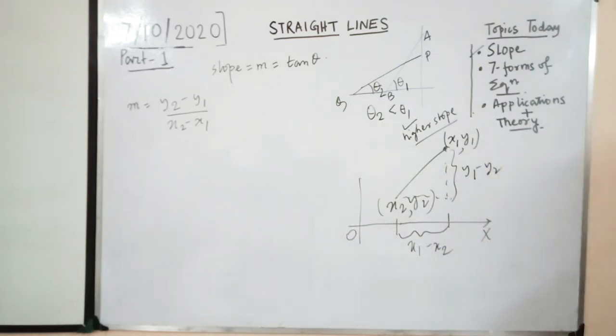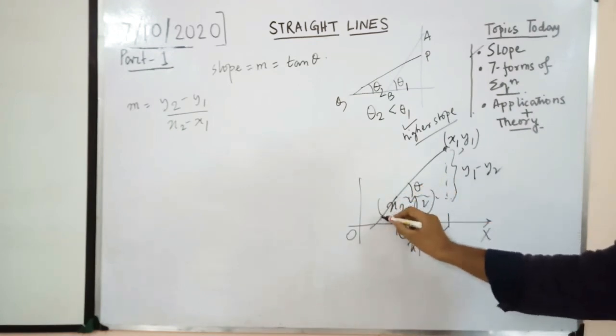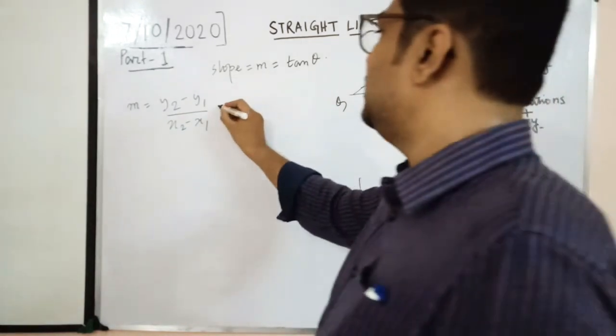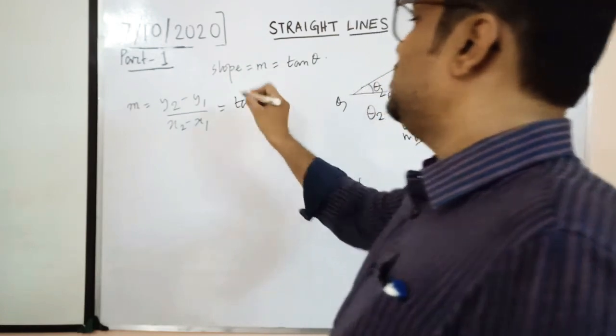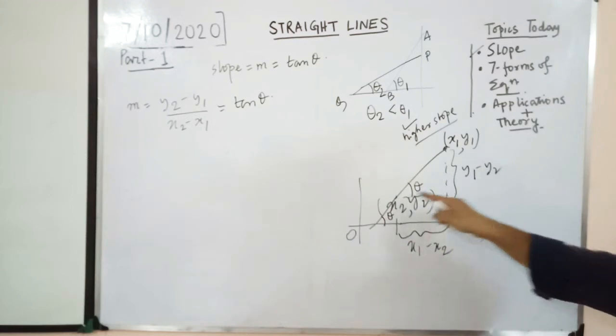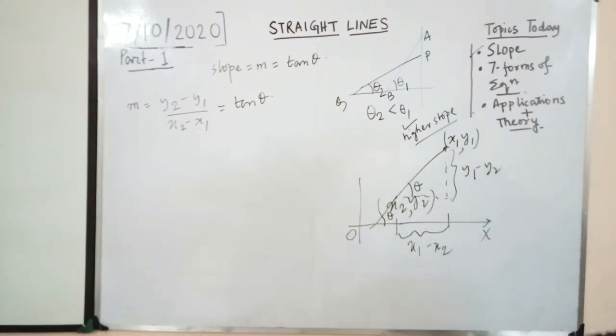Definitely if this is a theta, and the corresponding angle over here is also theta, that means the slope becomes tan theta, which you can calculate as perpendicular by base. So what is the perpendicular? y1 minus y2 divided by x1 minus x2, which you can write as y2 minus y1 divided by x2 minus x1 by taking minus common from the numerator and denominator.